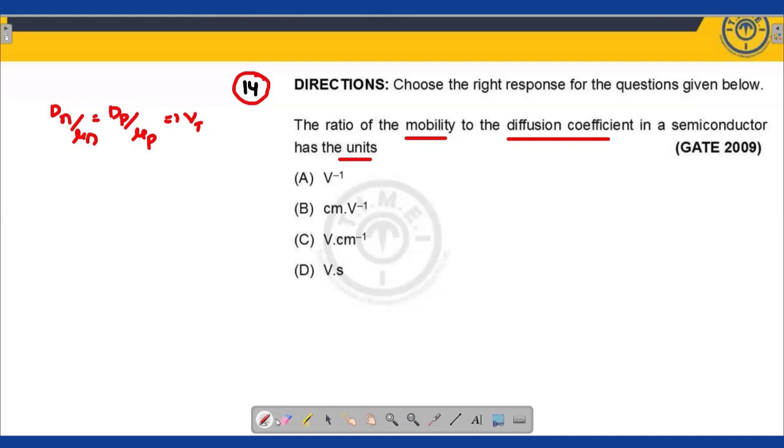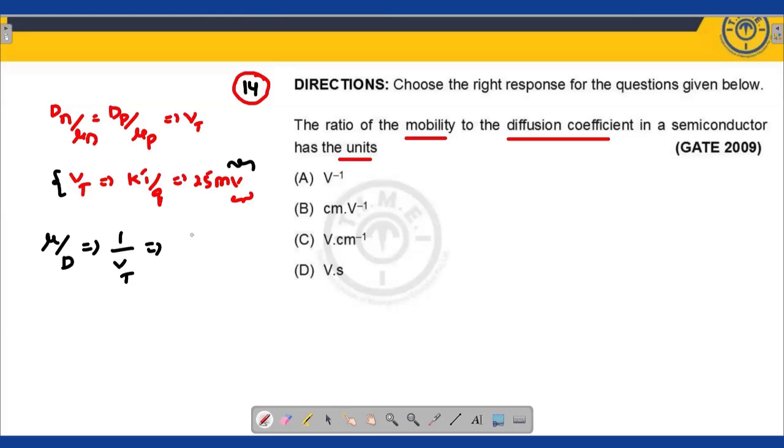But he has asked the reverse here. What is the Vt formula? Vt is generally kT by q, which is equal to 25 millivolts. Whatever it may be, the units of Vt are volts. But the question is reverse: the ratio of mobility to diffusion, he is asking mu by D. Mu by D means reverse, so it becomes 1 by Vt.